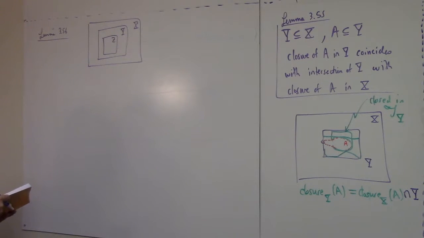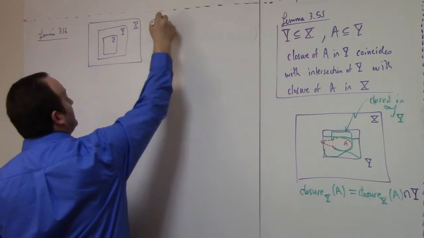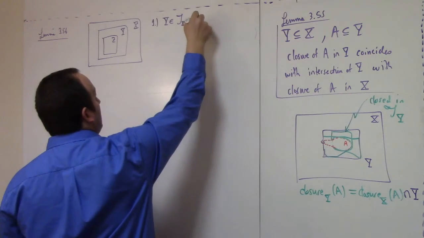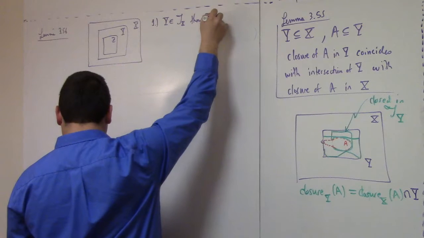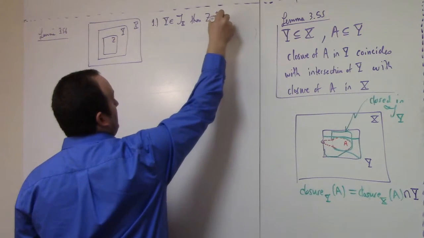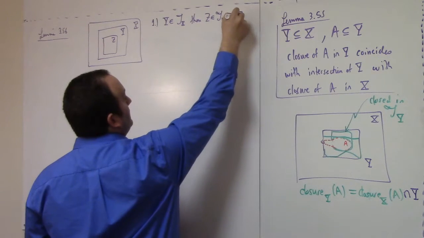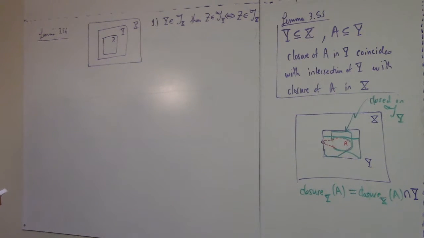And then these are the results. Number one: if Y is open in X, let me say Y is an element of the topology on X, then Z is an element of the subspace topology on Y if and only if Z is an element of the topology on X. Z is open in X. So Z is an open subset of Y if and only if Z is an open subset of X. That assumes that the subspace we're forming the subspace topology on is itself open.